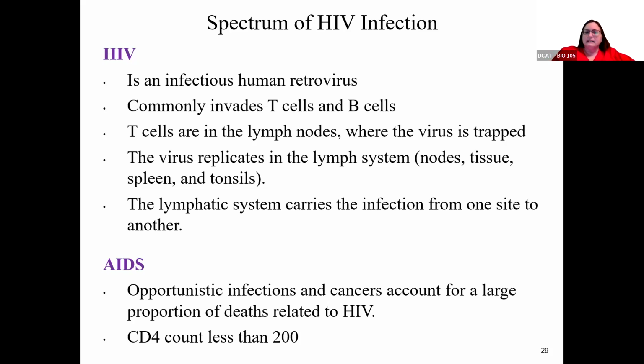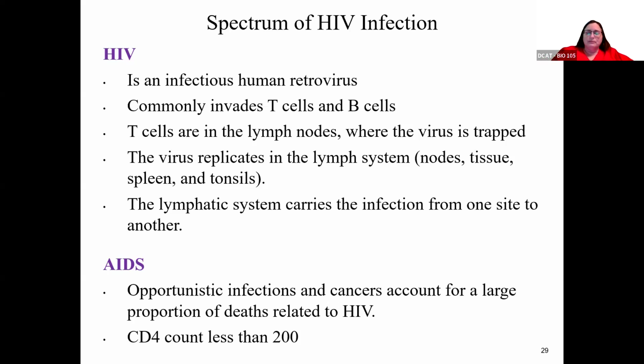So the lymphatic system carries the infection from one site to the other, okay? So that is where the majority of the HIV is replicated, where it is trapped or stored, and how it's carried throughout the body, okay?